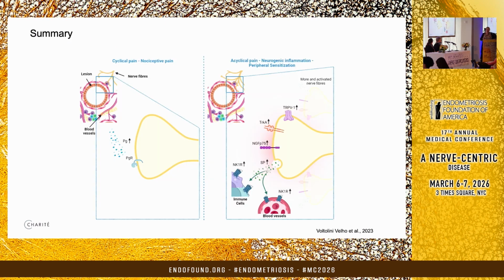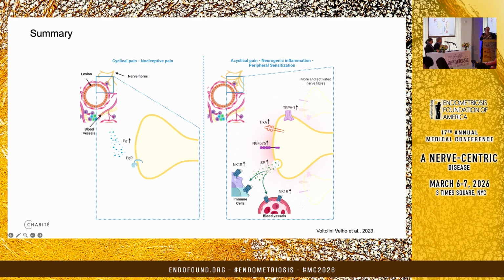To summarize, at the beginning, I think we have this typical cyclical pain, and that is a nociceptive pain. We have an acute inflammatory situation, and when the cycle is over, the pain is gone. But by the time, we have the peripheral sensitization, we have the higher number of nerve fibers, and then the release of substance P and the interaction with the blood vessels and immune cells, I'm sorry.